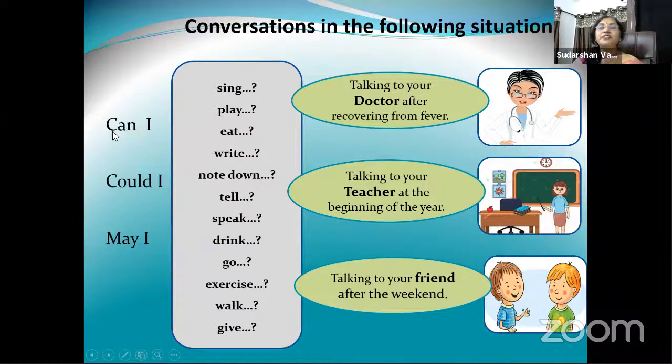You can use can I with every verb. You just have to think and make as many sentences as possible. Can I, could I, may I. We can only use can I while talking to a friend.